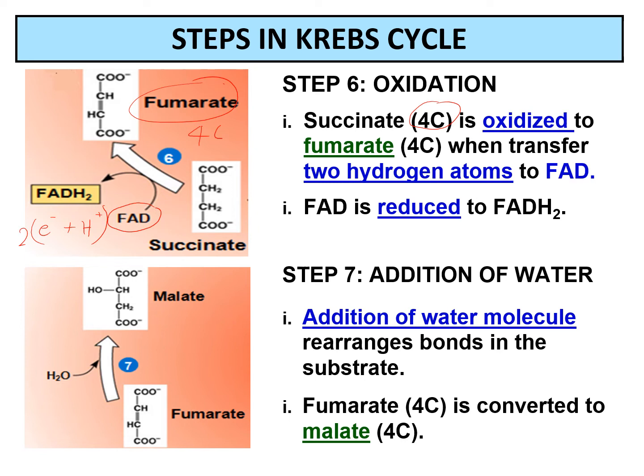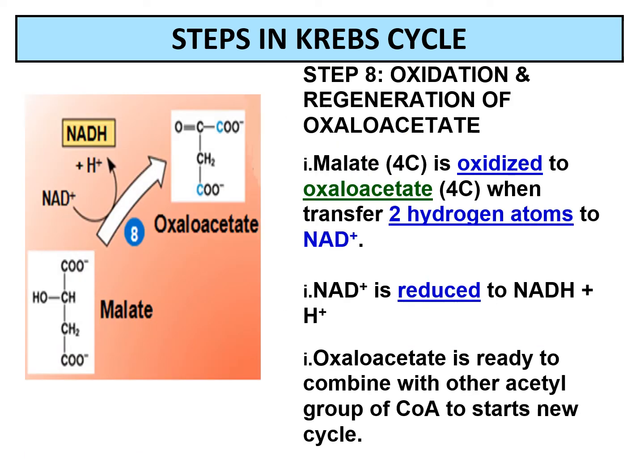Next step is addition of water, step 7. The fumarate is rearranged to malate with the help of addition of water. Step 8 is the last step. It involves oxidation and regeneration of oxaloacetate. So the 4 carbon malate is oxidized to oxaloacetate.